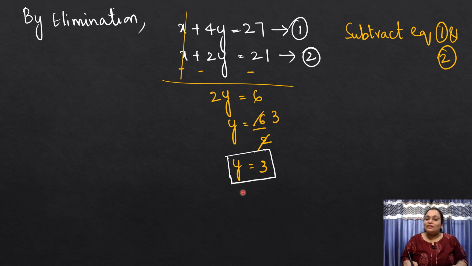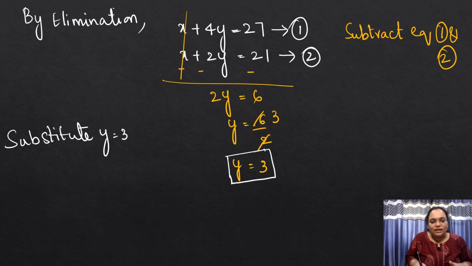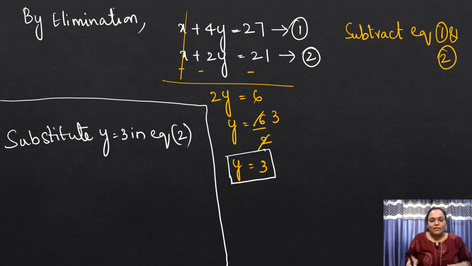Now we have got the y value. Let us substitute in any one equation and find the x value. Substitute y equals 3 in equation 2. What is equation 2? x plus 2y is equal to 21.